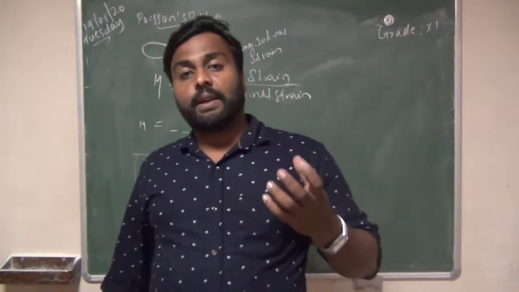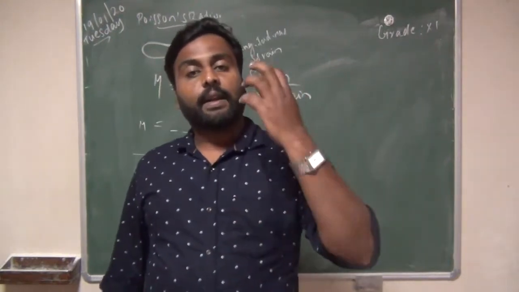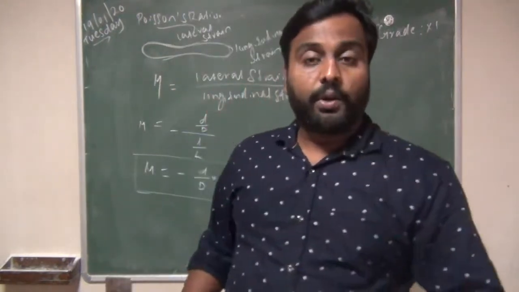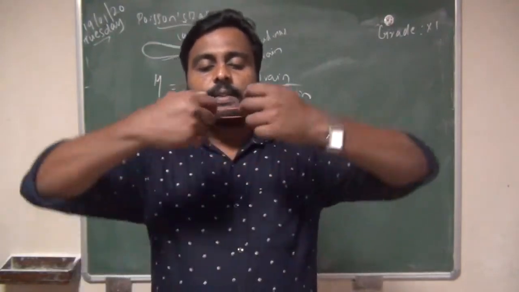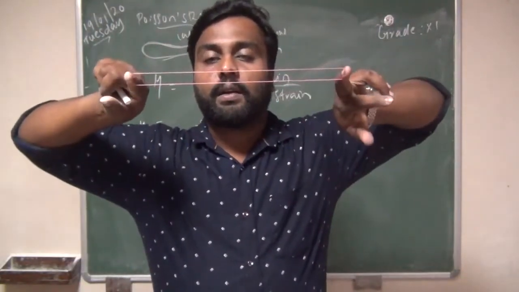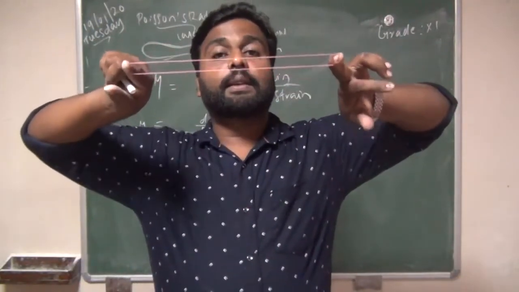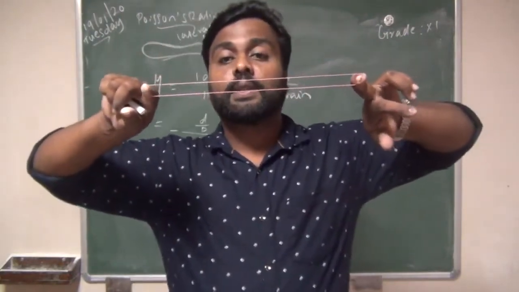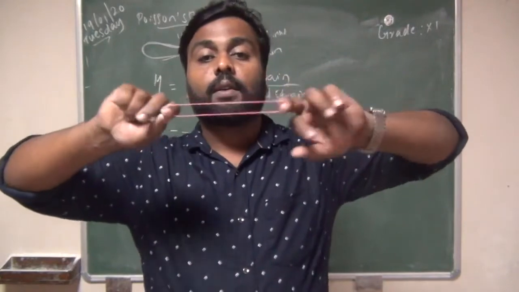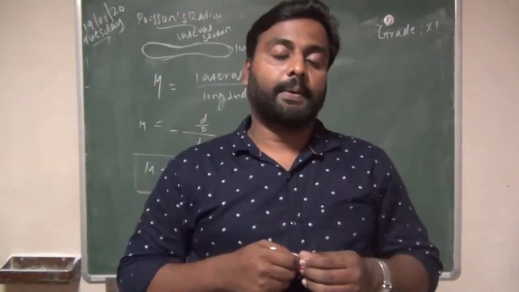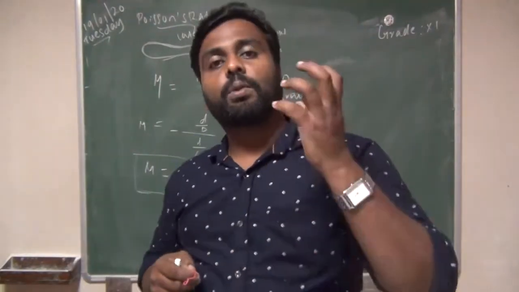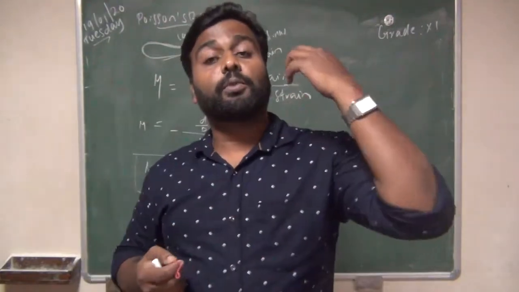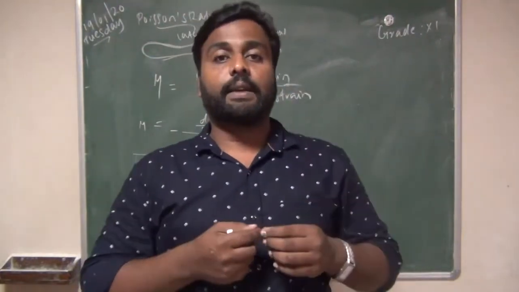The negative symbol shows that when we stretch this rubber band, a deformation happens in one direction and produces a deformation in another direction.